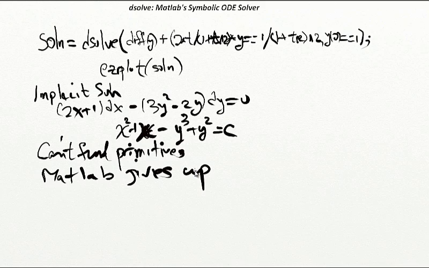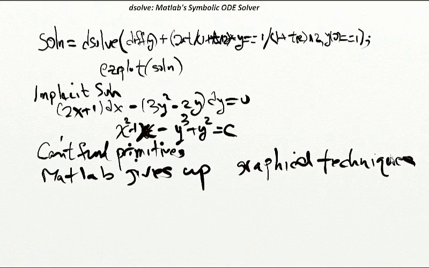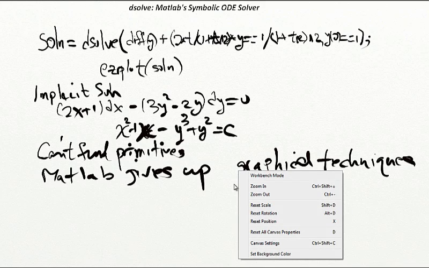For such equations, one has to deploy other methods, either graphical techniques, sometimes called geometric techniques. And for that, one has the commands mesh, grid, and quiver.